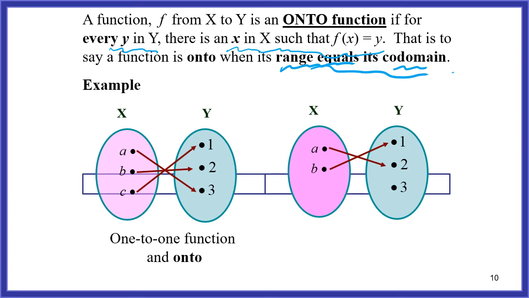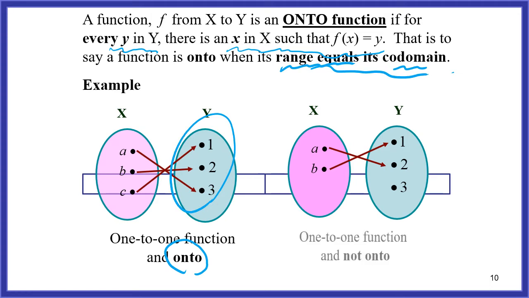So this is a one-to-one function because it's mapped 1 to 1 only, and it's onto because every element in Y has been mapped. But for the right side, it's a one-to-one function but not onto. Why? Because there is an element that hasn't been mapped with an element in X.